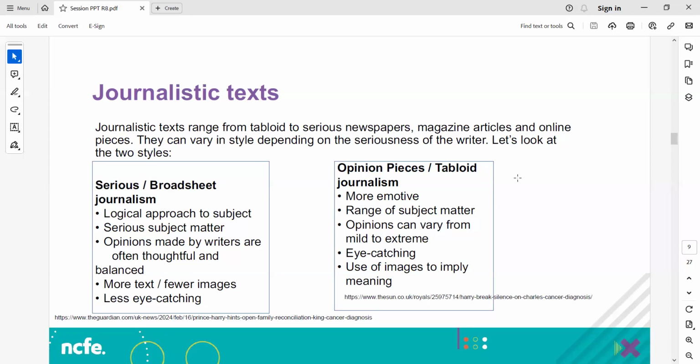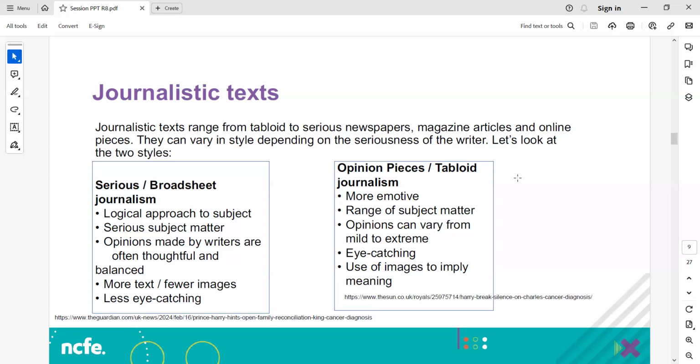So the other side of that, of journalistic text, is tabloid journalism. So the language used is more emotive. The subject matter is a lot more varied. So it might include celebrity stories, salacious stories.